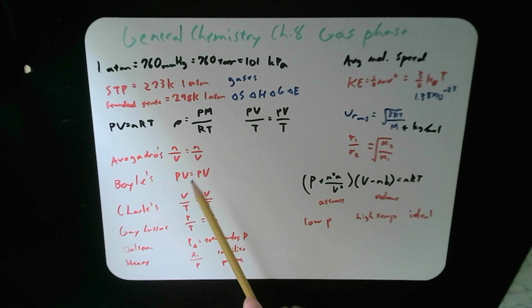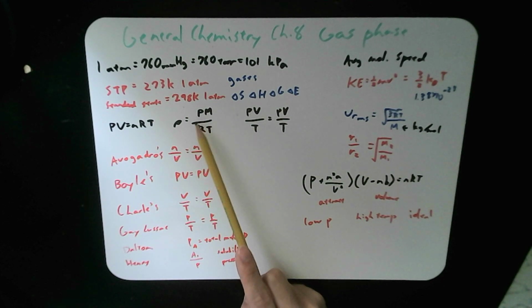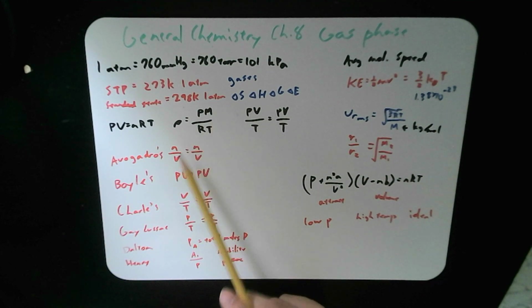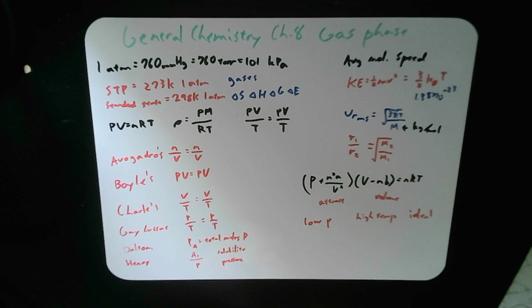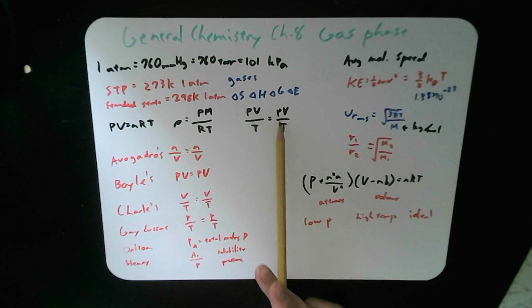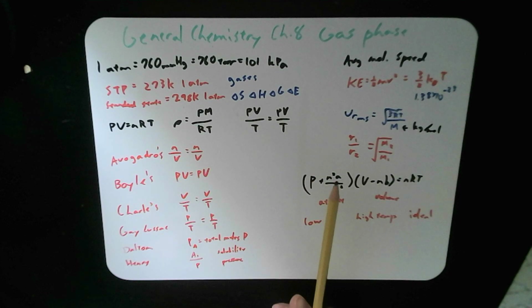So we can substitute density into here and generate this equation: P times the molar mass equals density times RT, if we want to use that instead. We could also use PV over T equals PV over T for a generic way to quickly determine the change in a gas state in a container.